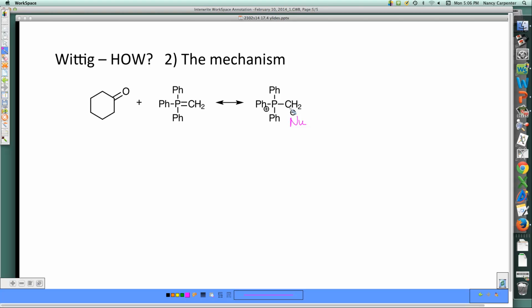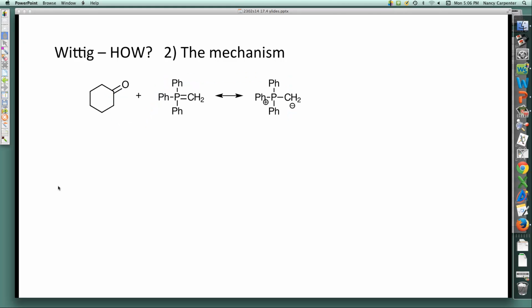It's a carbon anion, and as a carbon anion, it is going to go over here and, of course, react with the electrophilic carbon of our polar pi bond. So, as long as you write this resonance contributor of your ylide species, it's pretty easy to see what the first step of the mechanism is.